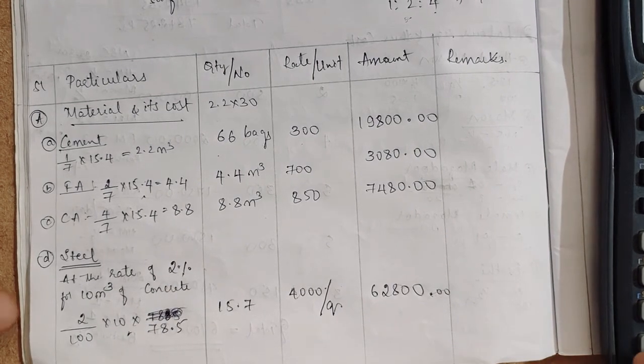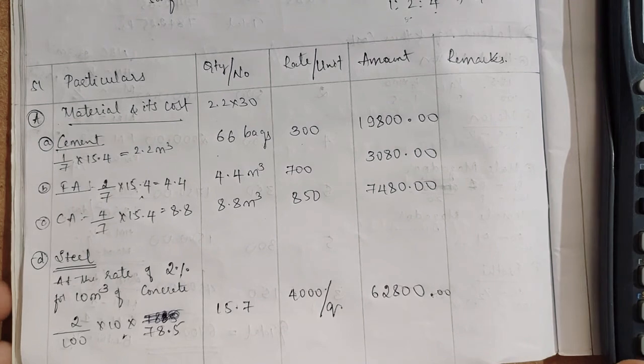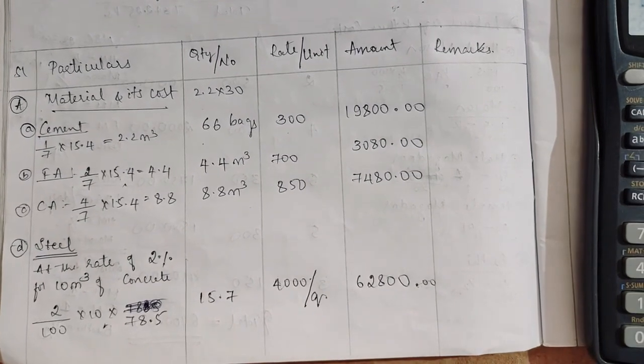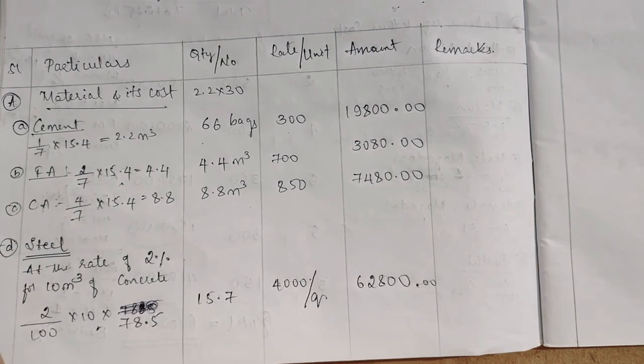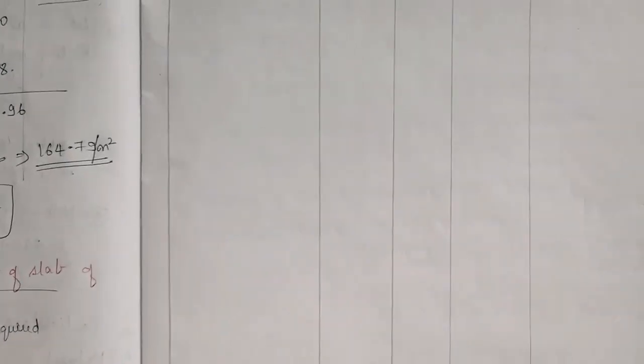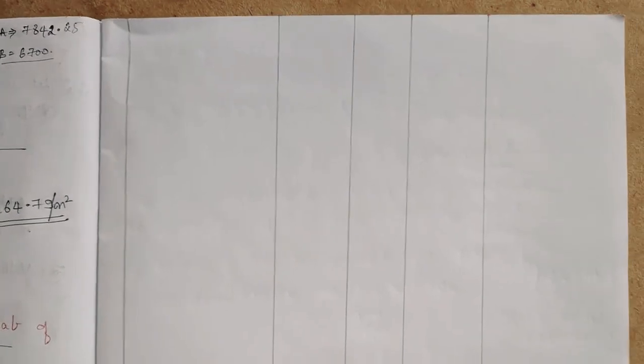If we got steel, then it's enough. What do we require other than steel and concrete? For the placement of steel, we require binding wires, right? To tie the steel we require binding wires.